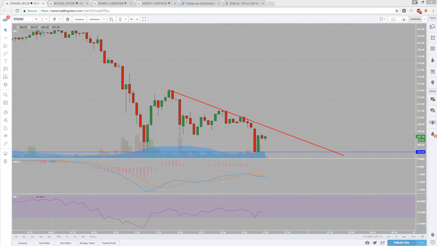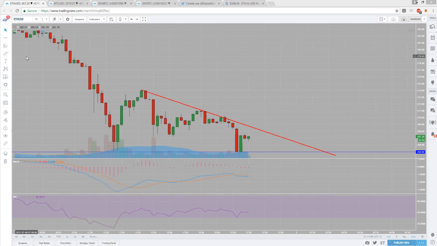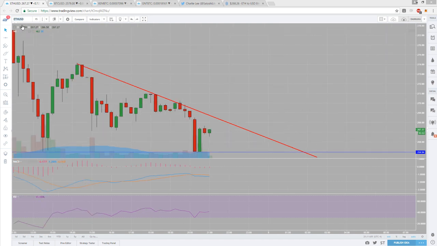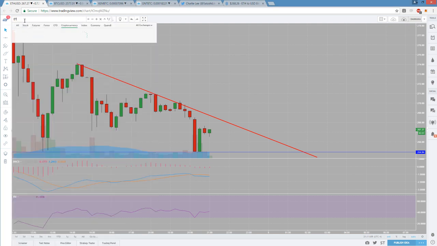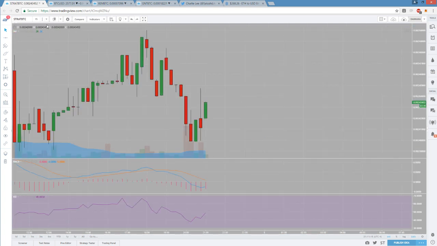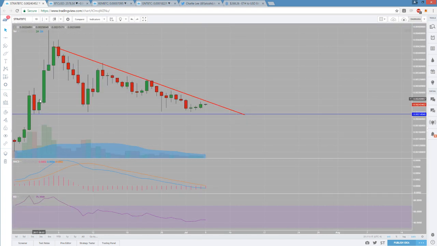Let's look at Strat. I am seeing a couple people saying GDAX is down. So Stratus and Bitcoin, daily time frame, always the first thing I look at.